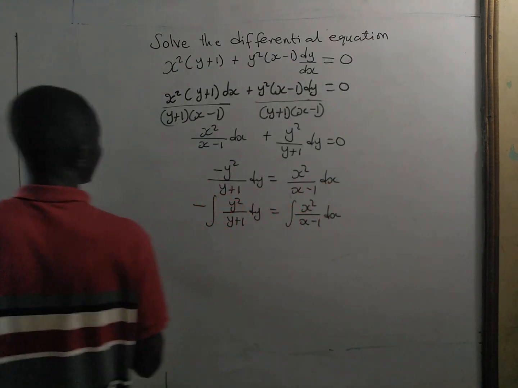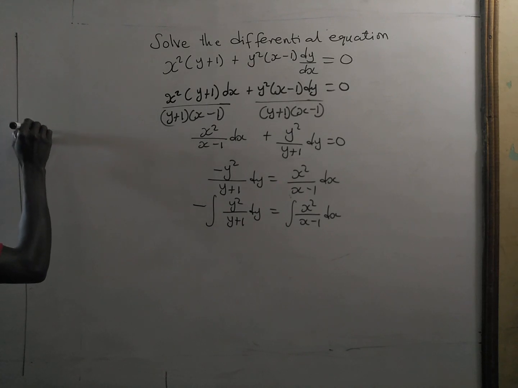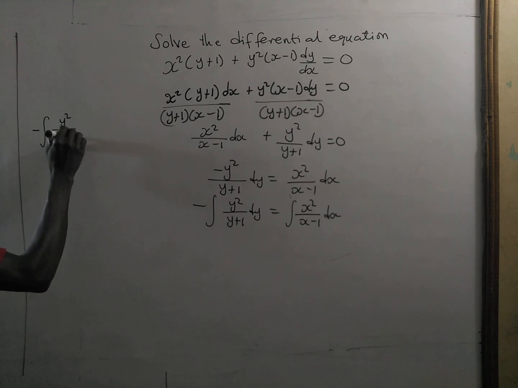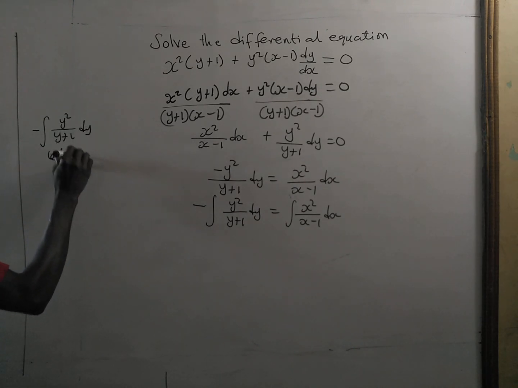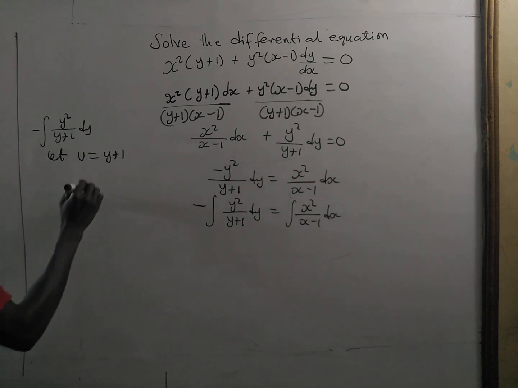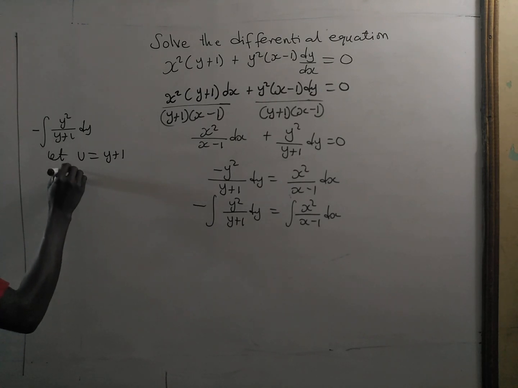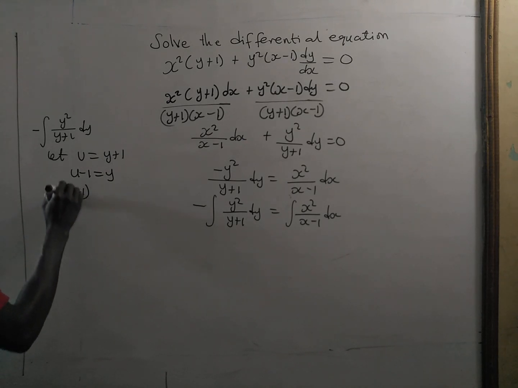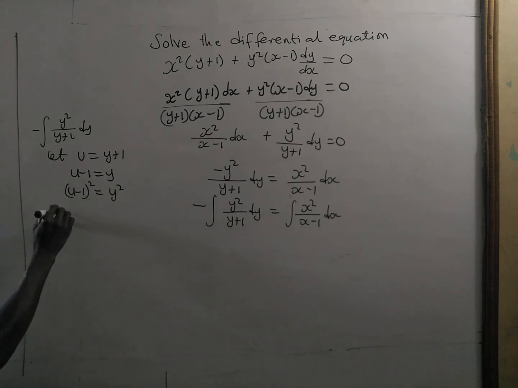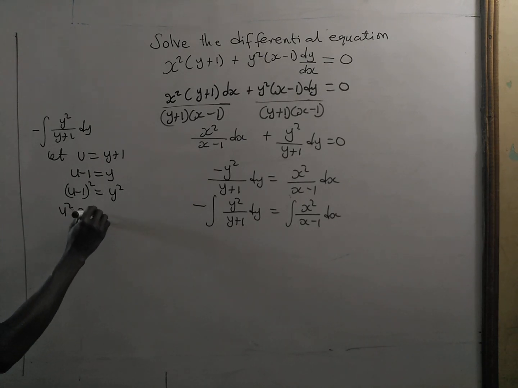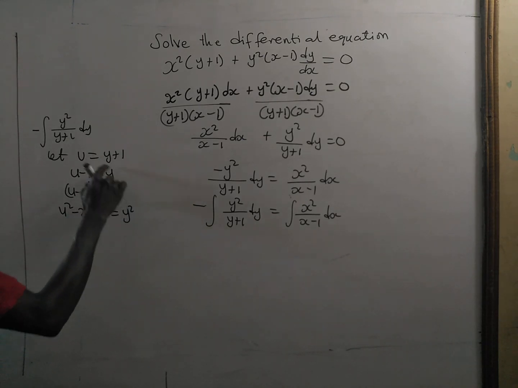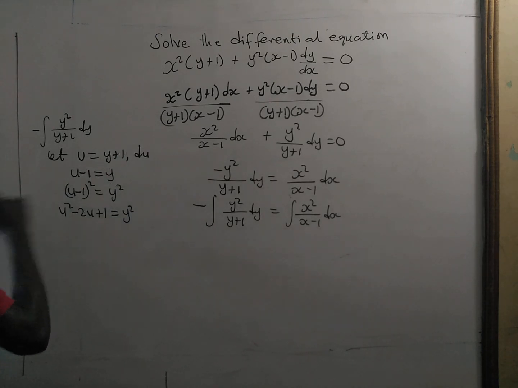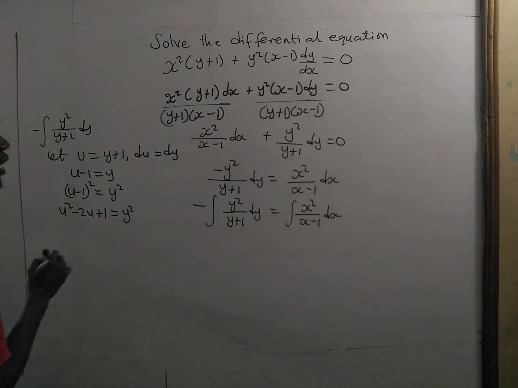For the integral of negative y squared divided by (y plus 1) dy, if we let u equal y plus 1, then u minus 1 equals y. Then (u minus 1) squared equals y squared. We have u squared minus 2u plus 1 equals y squared. Here, the derivative of u with respect to y gives du equals dy.